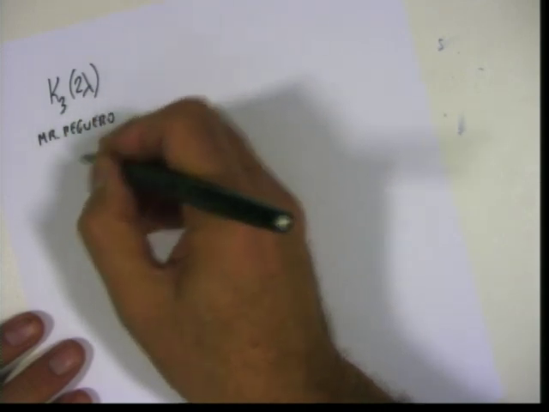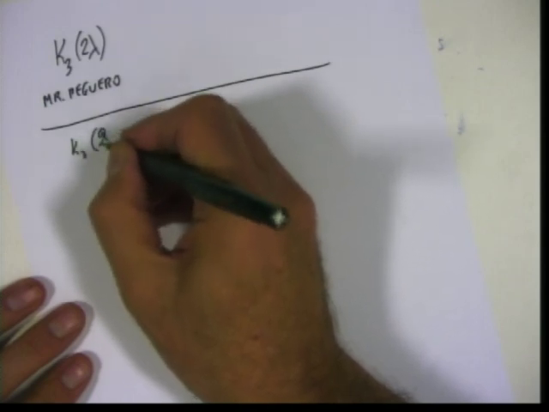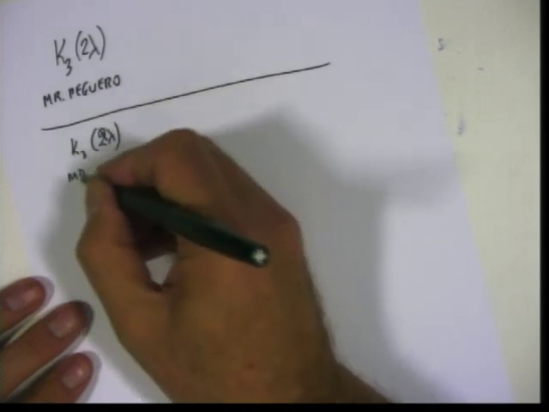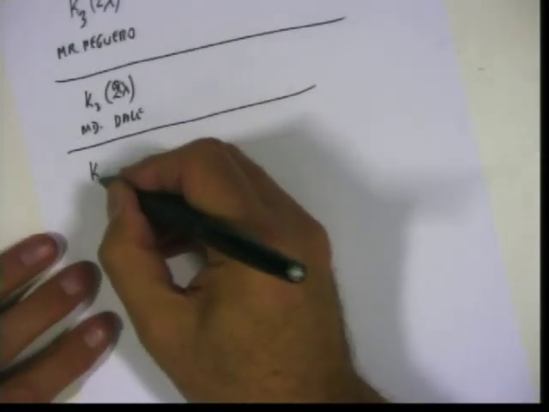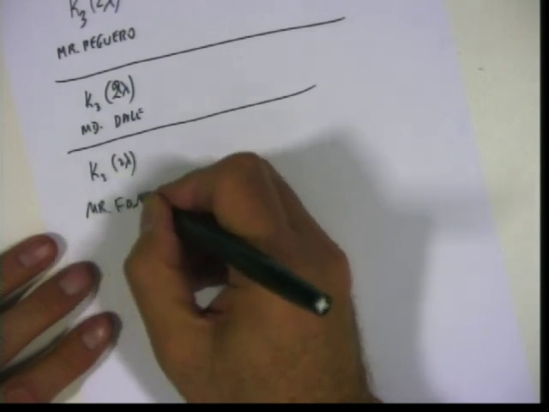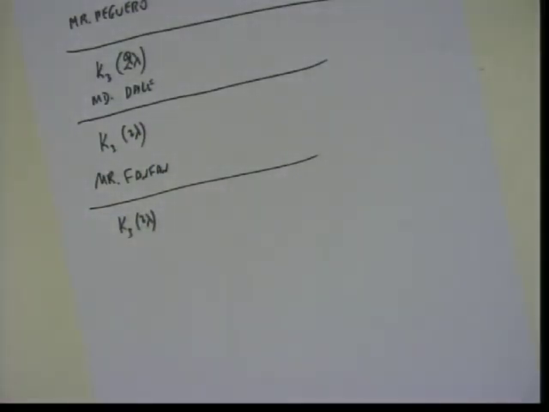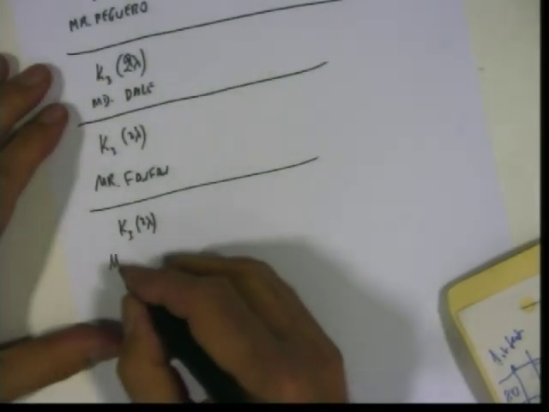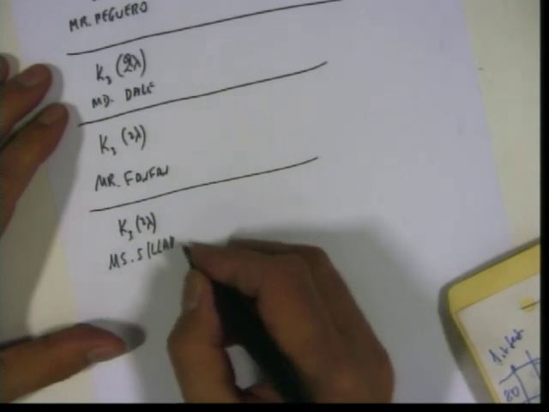Then, since we have here 2 lambda, Mr. Dale, then K3 to lambda Mr. Fan Fan, K3 to lambda Miss Silampa.